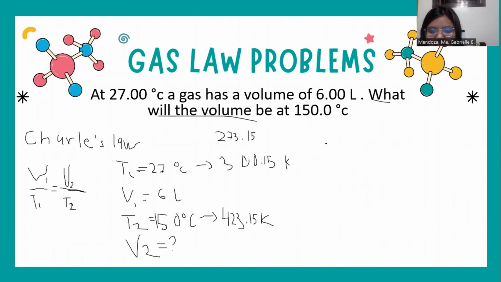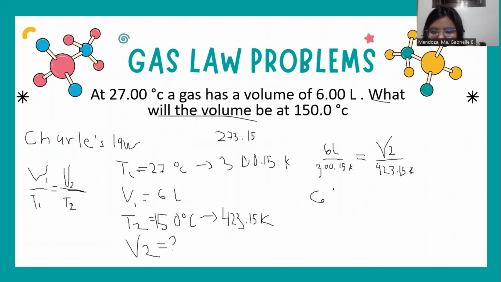So, V1, that would be 6 liters divided by 300.15 K equals V2. Since wala nga, V2 lagay mo lang. Over T2, that would be 423.15 K. So, ang gagawin natin, cross-multiply, no?